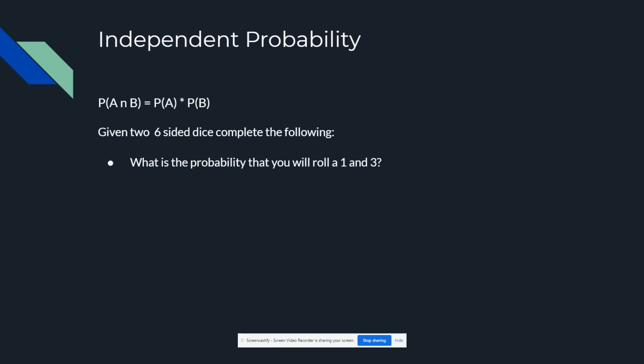We are going to first have to solve what is the likelihood that we will get a 1. With that, the probability for a 1 is 1 out of 6, since there's 6 sides. When you divide that, you get 0.167, which is going to equal 16.7%.